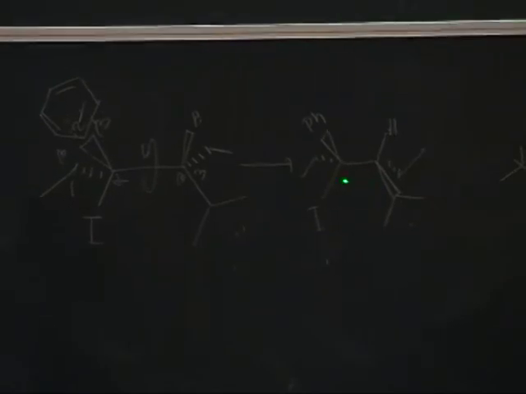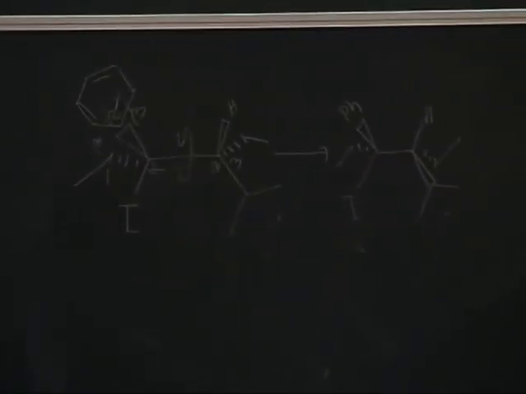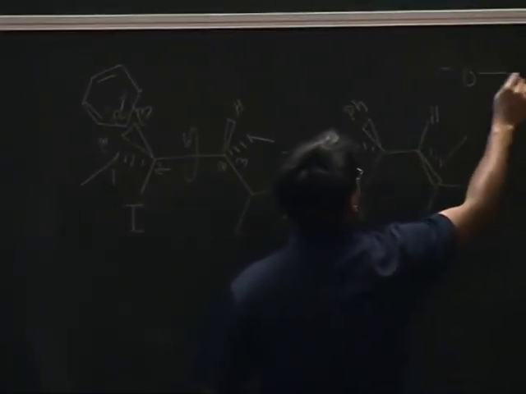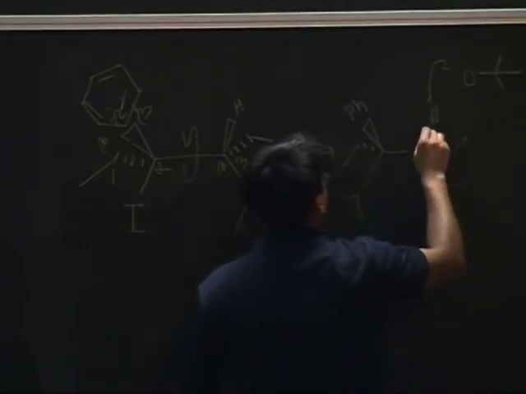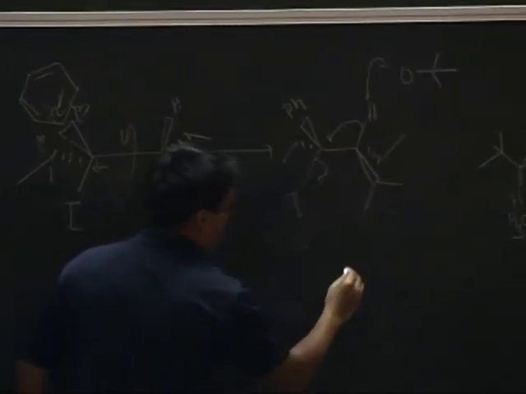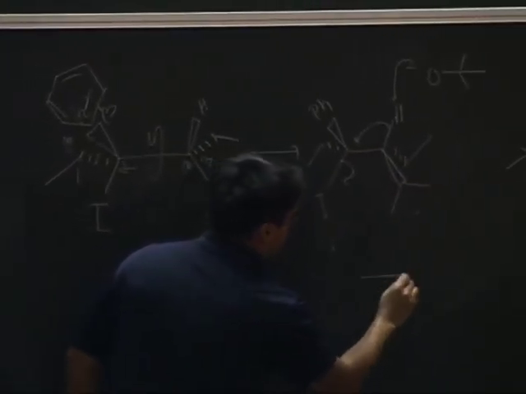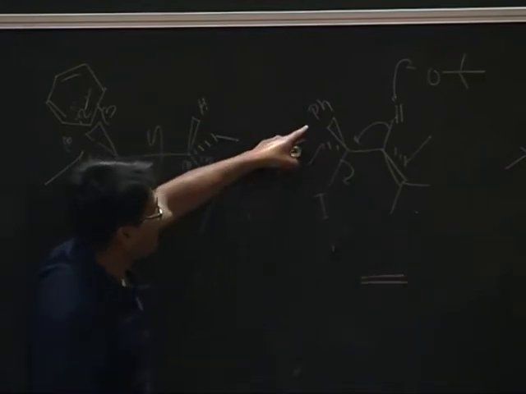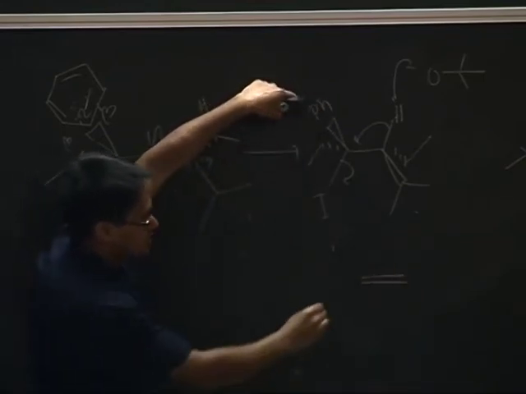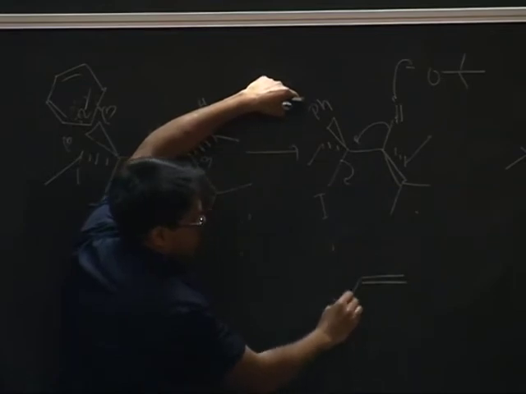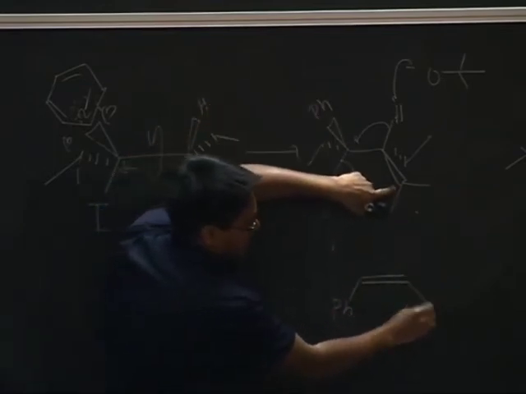So if I draw the product of this reaction, now you can see the beauty of the E2 reaction. This picks up that proton, this ends up, that goes out. I have the double bond like that. Phenyl is cis with which group? The isopropyl, right?